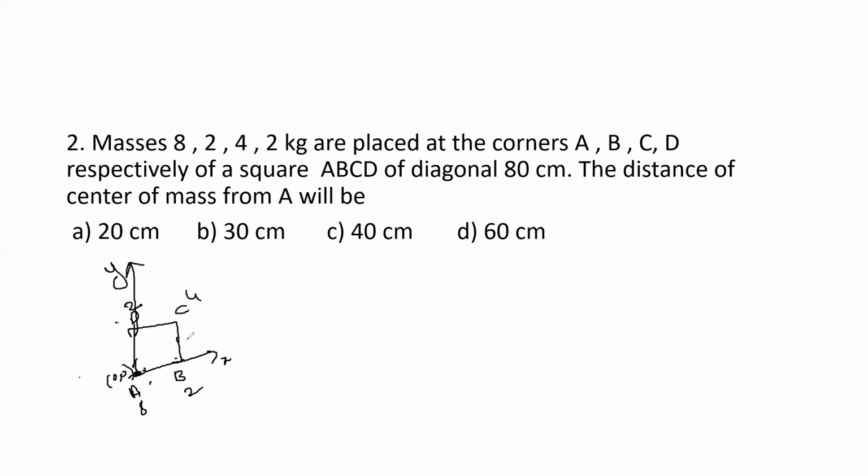At B, the x value is a and the y value is 0. At C, the coordinates will be a, a, and at D, the coordinates will be 0, a. Like this, we can take the coordinates. Now we can do the simplification.